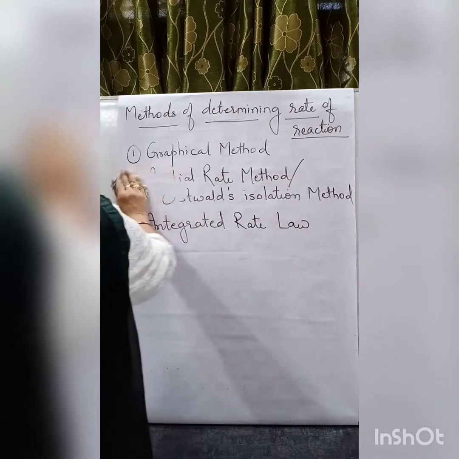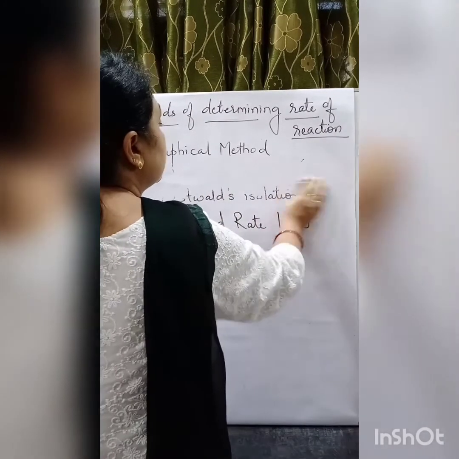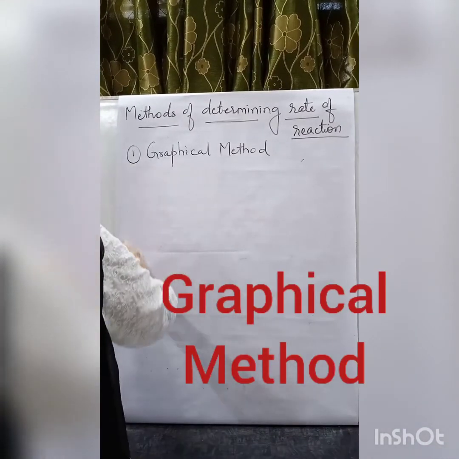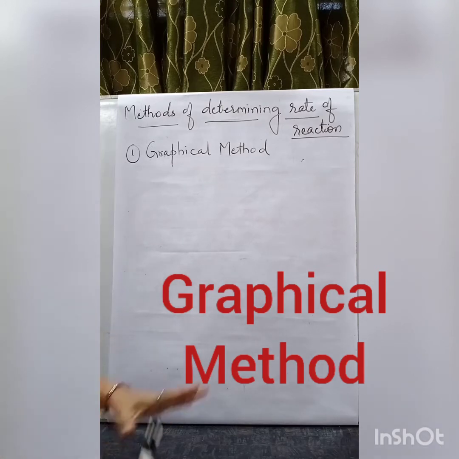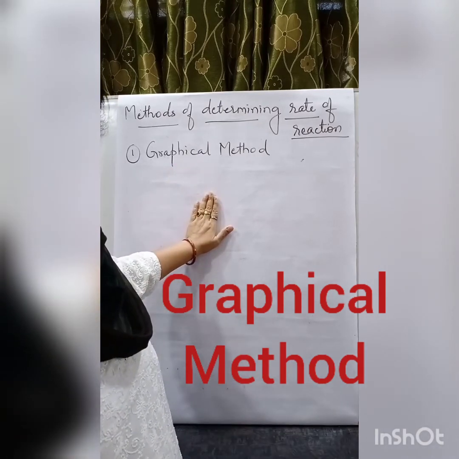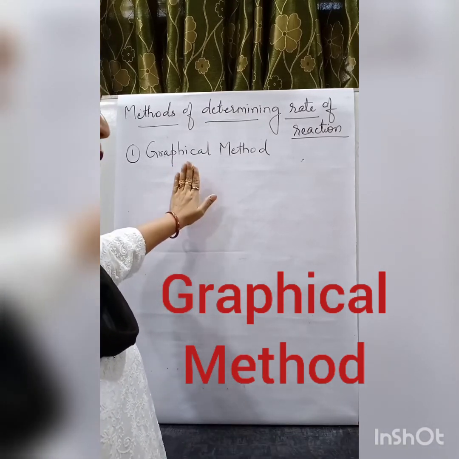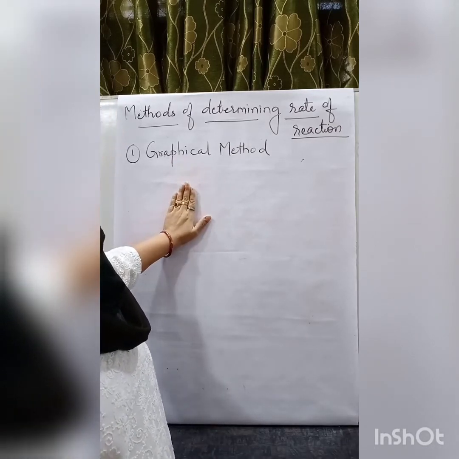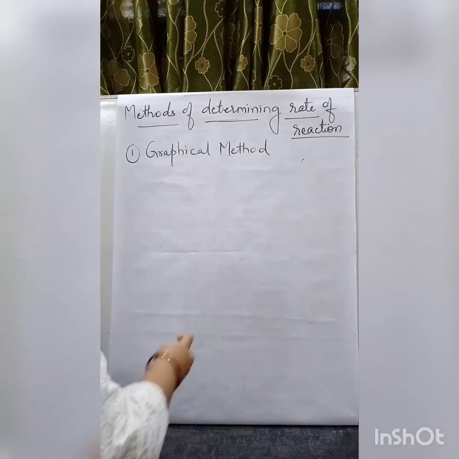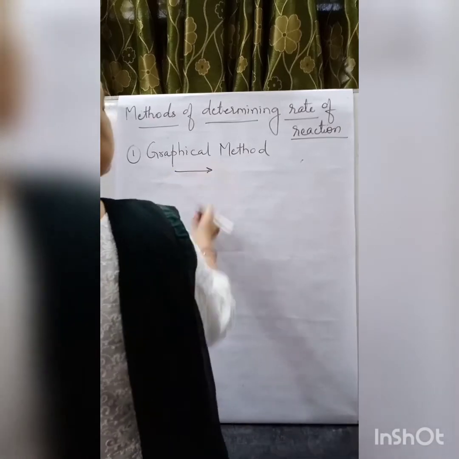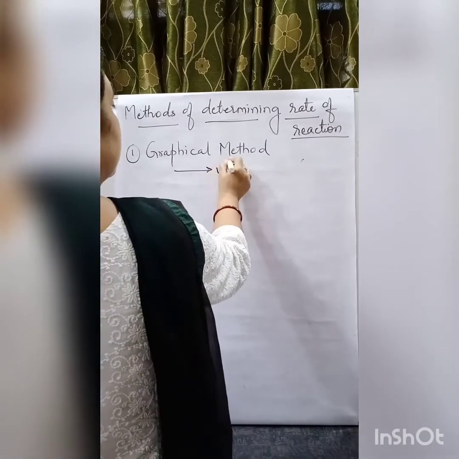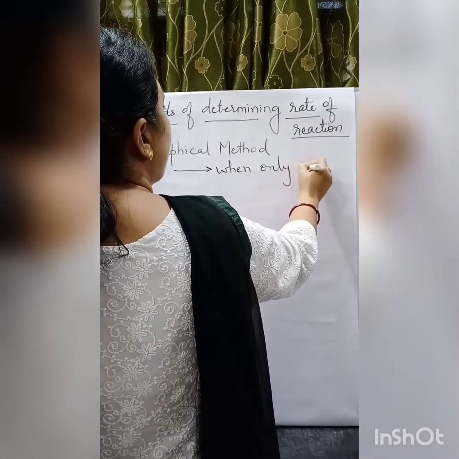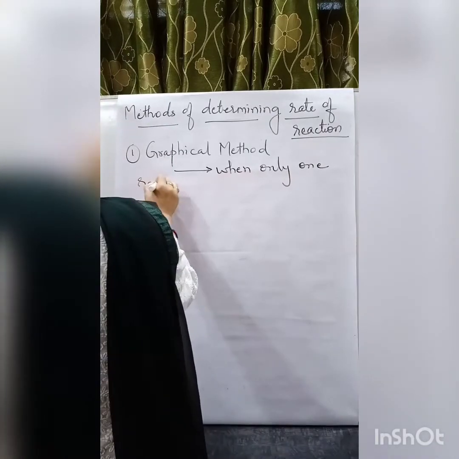First of all, we will discuss the graphical method. The name itself is suggesting, with the help of what? Graph. We can determine the rate of reaction. Very important thing: graphical method is used for determining the rate of reaction when only one reactant is involved.